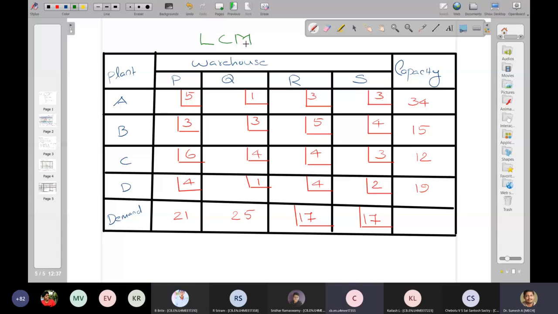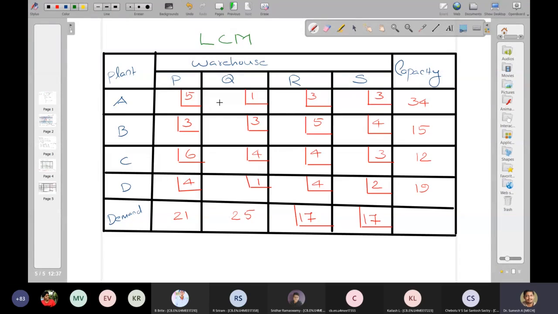So you can see 1 is there in AQ and 1 is in DQ. Multiple ties like this, always give preference to your first column first, then go for the second column. That's the way you can give the priority. So now we'll go for the first column itself.